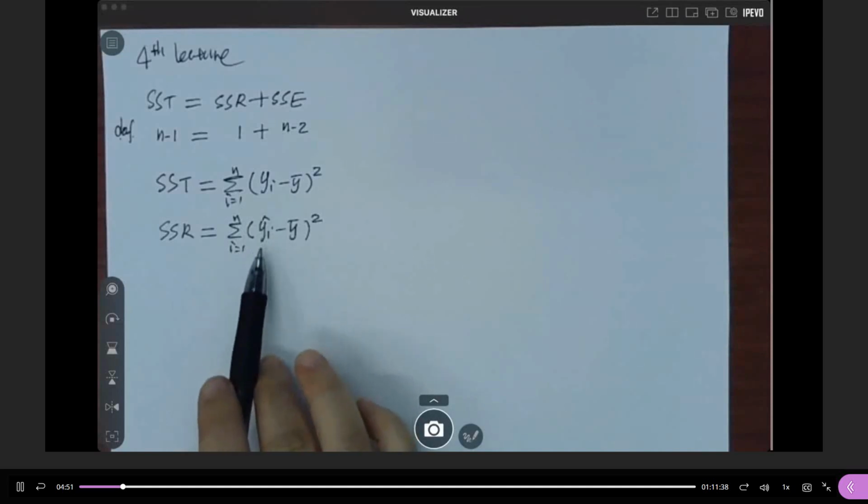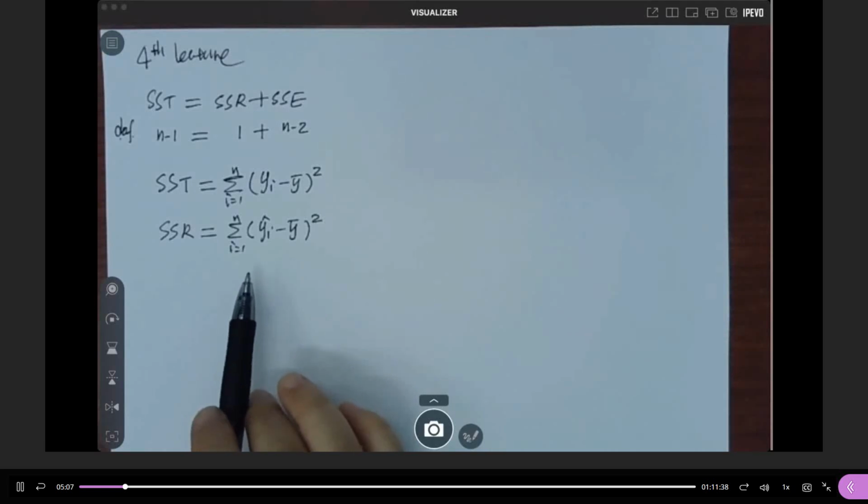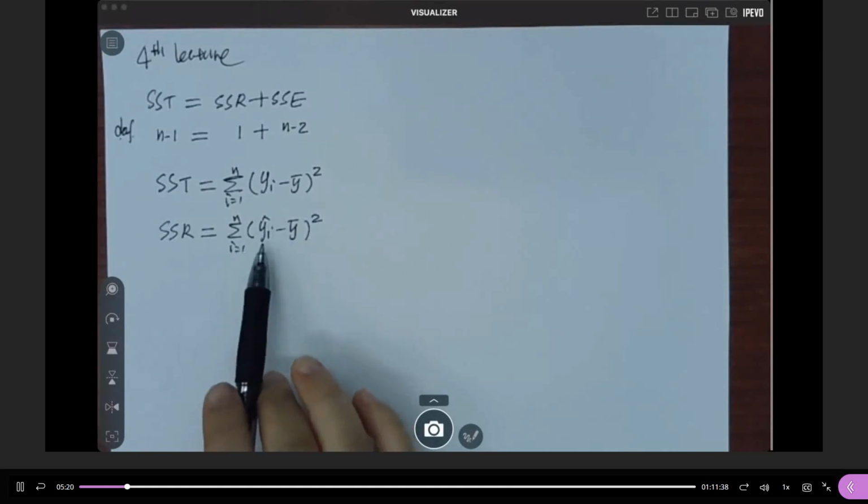However, when you replace yi by yi hat, how do you calculate yi hat? You have beta 0 hat plus beta 1 hat xi. When xi is given, you have two things to decide the value of y hat. That's beta 0 hat and beta 1 hat, right? And each of them comes from a formula that's a function of the data points xi and yi. So for y hat here, there are only two free pieces.